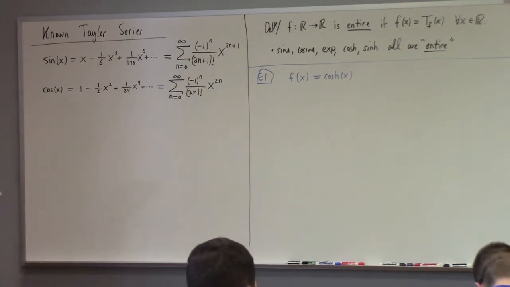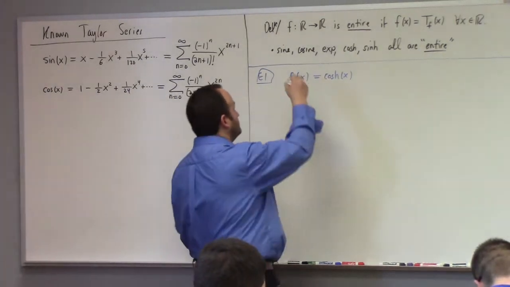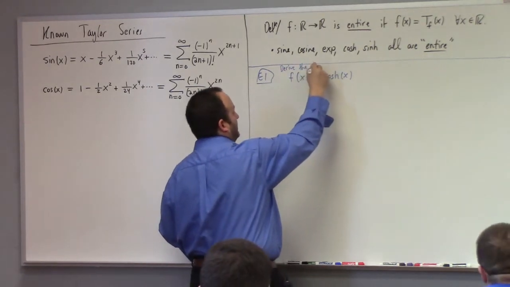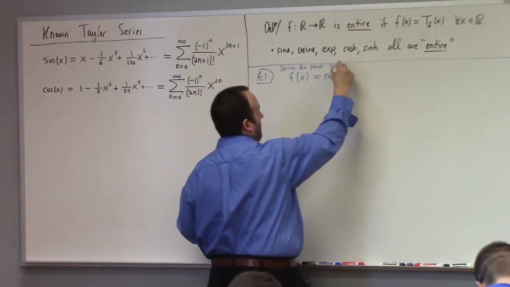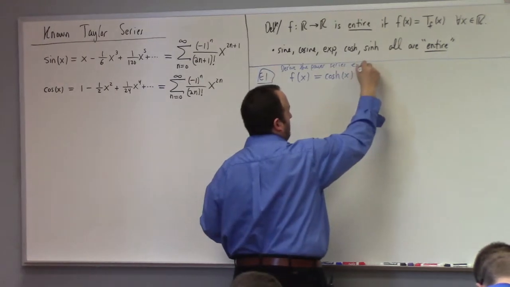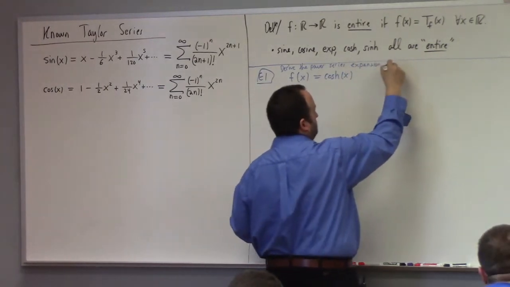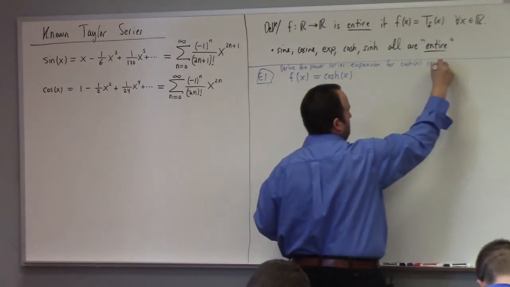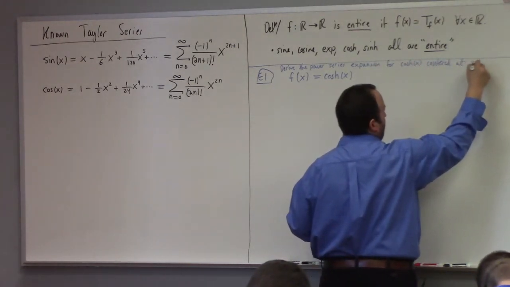Let's derive the power series expansion for cosh x centered at x sub 0 equals 0.